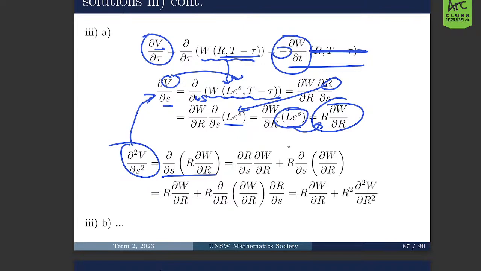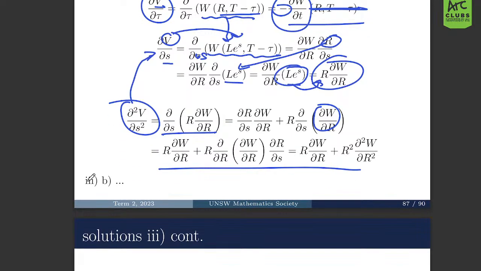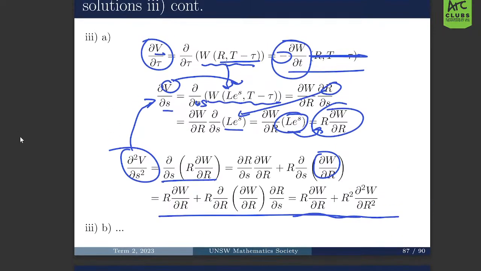And differentiating that thing gives you R. We've already covered that. And we have dW dR, which we already did. So I'm not going to go into detail for this one, but essentially over here, you split it apart using your product rule. That should be fairly easy to see. And after applying a product rule, you just differentiate as normal, and that will give you the final solution over here. So that's part A.